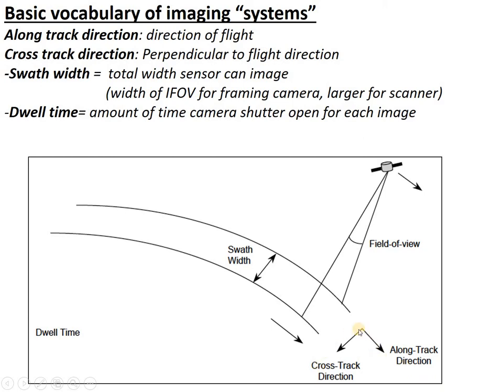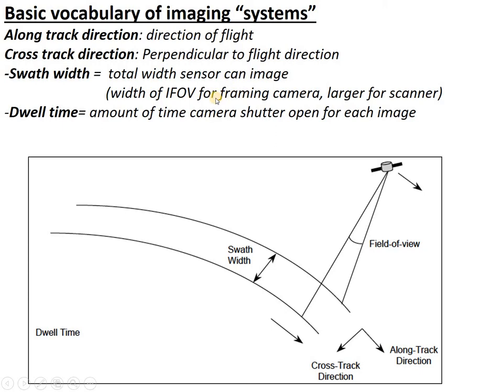The cross track direction is perpendicular to that. The swath width is the total width that the sensor can image on one flyby. We often think of these satellites orbiting around Earth and laying down swaths or tracks of areas that they've imaged directly beneath them.